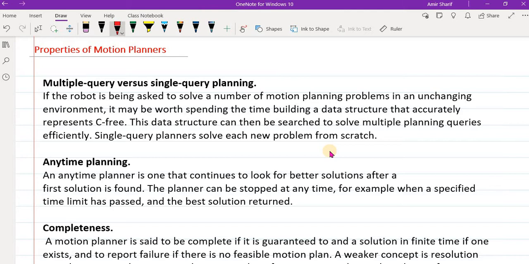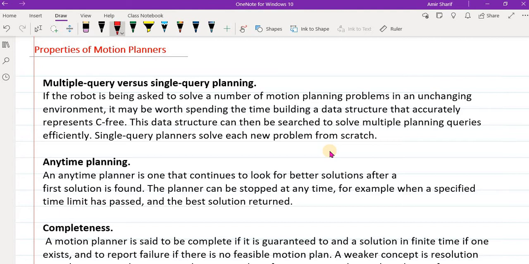But another scenario is that you have to do multiple path plannings. For example, at the beginning the robot moves from one position to another, and then the robot has to move again to some other goal location, so you have to use motion planning multiple times.